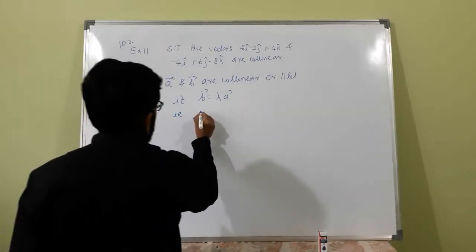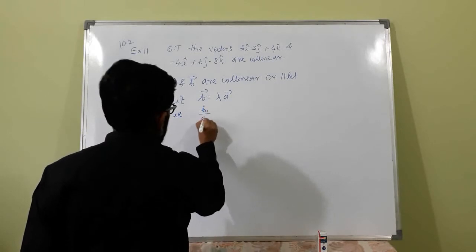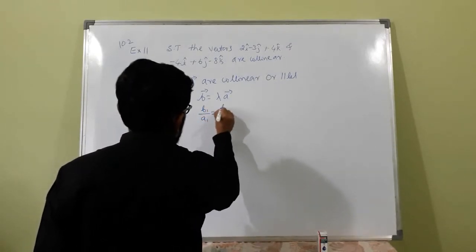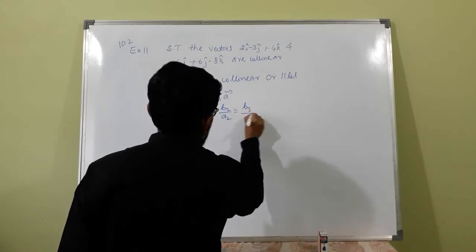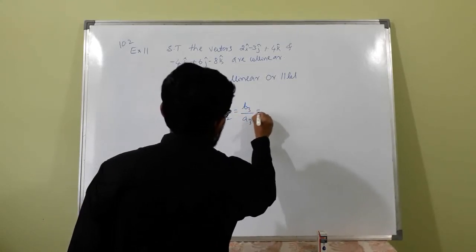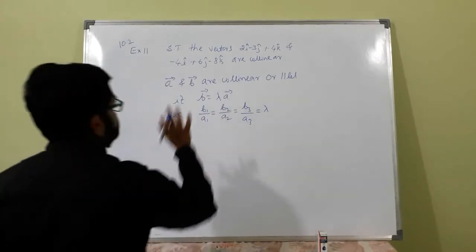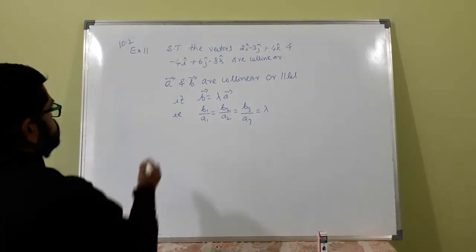That is, B1 by A1, B2 by A2, B3 by A3 is equal to lambda. Both mean the same. So you have to check for this.